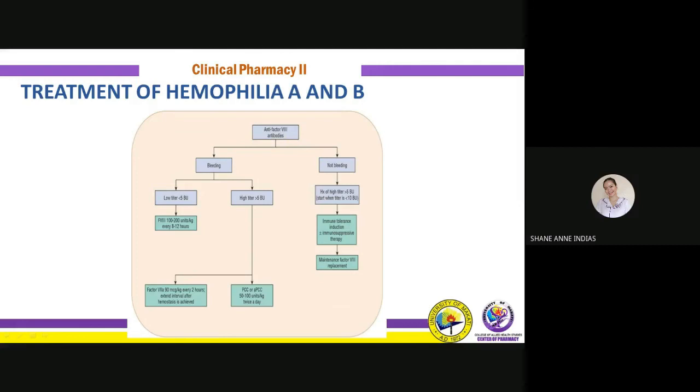And lastly, immunosuppressive therapy may also help improve tolerance success with the use of cyclophosphamide and intravenous immune globulin. And once na na-achieve na yung hemostasis, pwede nang ulit bumalik dun sa maintenance factor 8 replacement.